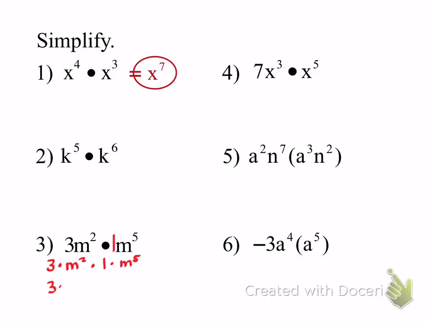So I'm going to commute the like terms, the items that are similar. So 3 times 1 times 1 times m squared times m to the 5th. Now, notice over here, they're just straight numbers to multiply. So we multiply coefficients. 3 times 1 is 3, right?